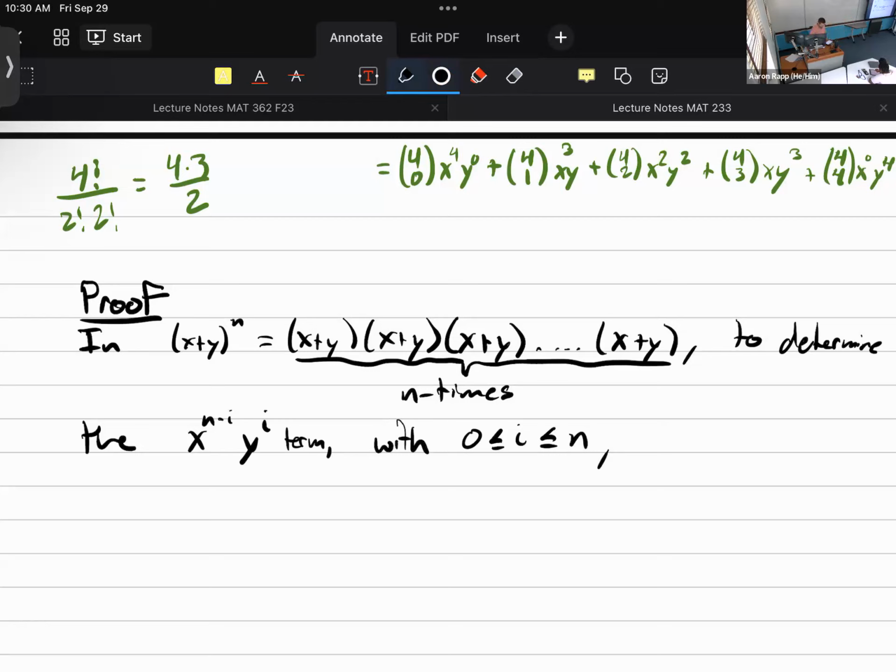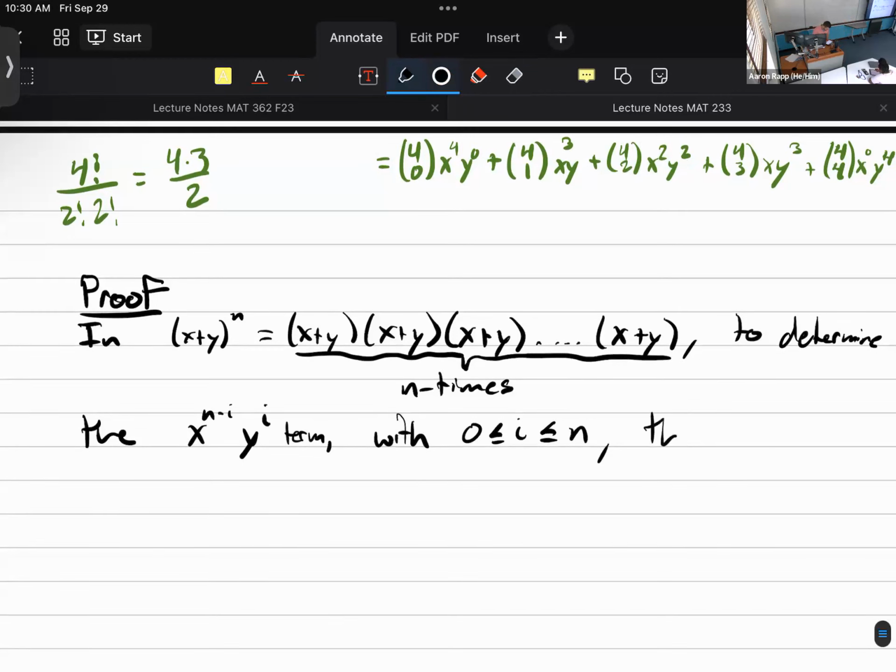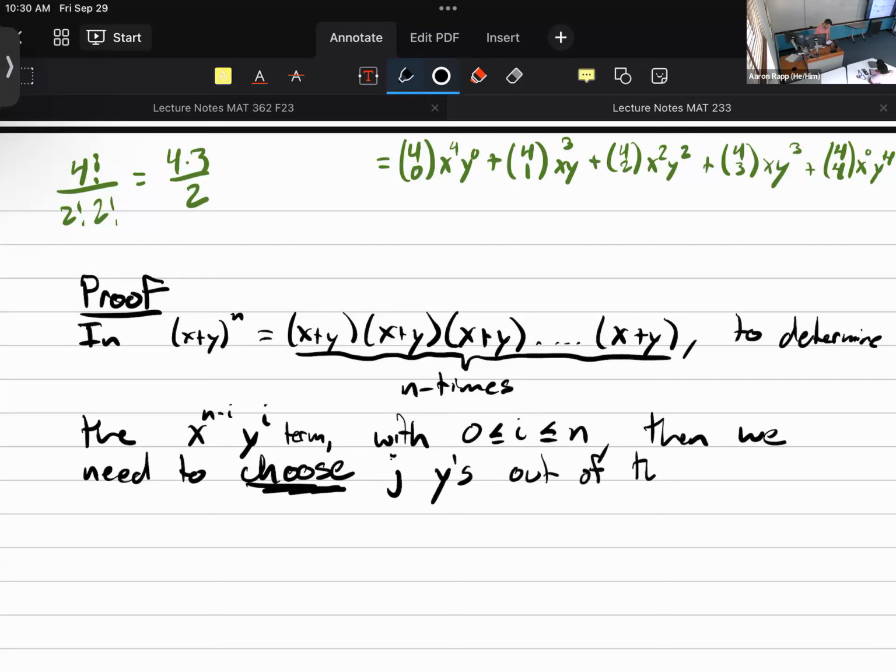So, to generate it, we need to choose i y's. And we're going to write that i is a number, y is a term. Out of the total of n y's.